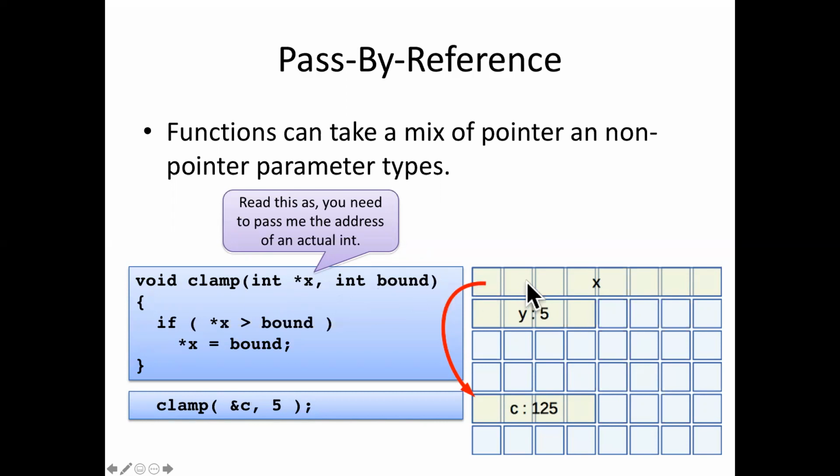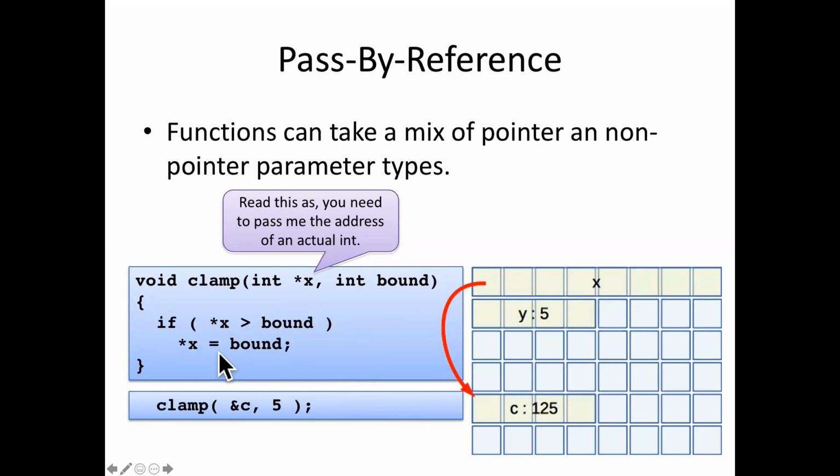So x is a pointer to some value held by the caller, and y is just a plain old integer value. Inside the function, if I want to compare x to the bound, I have to dereference x. Or really, if I want to compare that int to the bound, I have to dereference x. And then I can compare it to the bound. And then if I have to change it, I have to do the same thing.